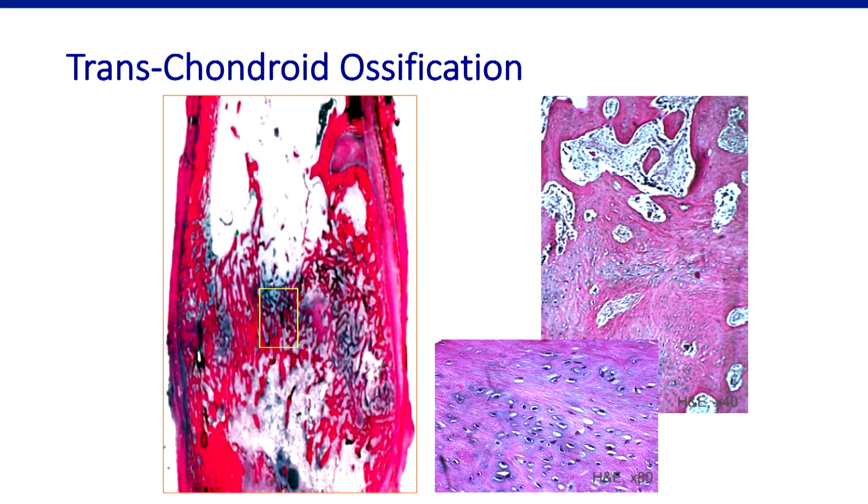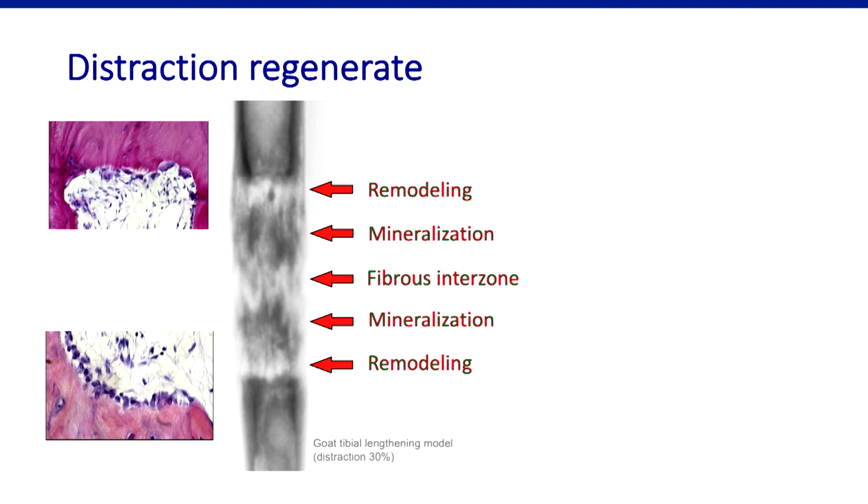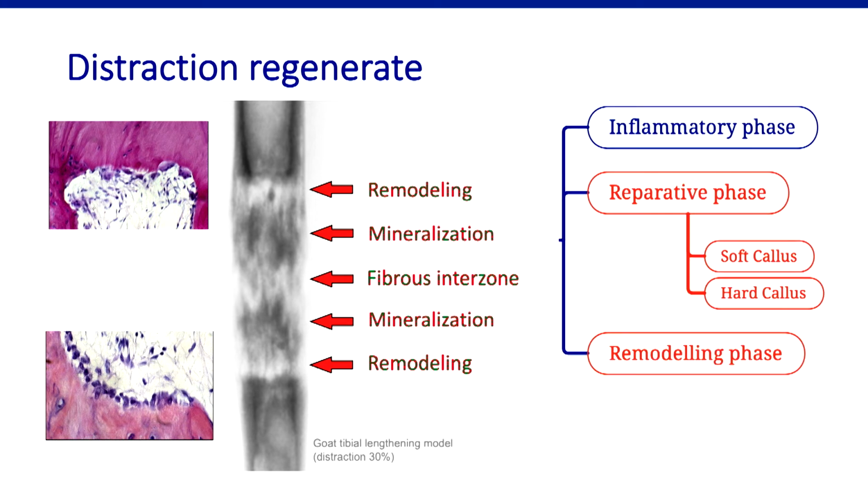There's also transchondroid, an interesting ossification, where actually the chondroblast turns into the osteoblast and forms the bone. Again, we're not entirely sure about all the genetics going on at this stage, but these are three phenomena you can see here.